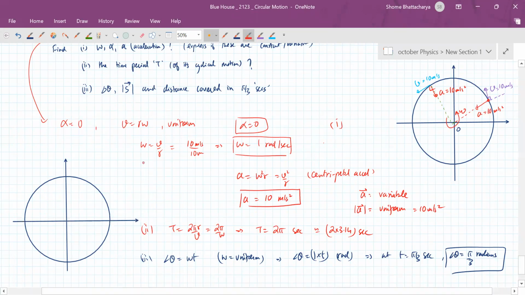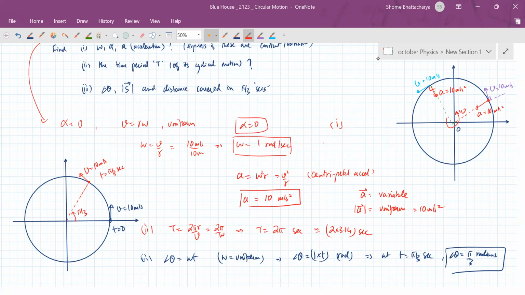So if the particle was here at t equal to 0, then after pi by 3 seconds it will be here, such that this angular displacement is pi by 3. So you can see that the linear displacement will be this.